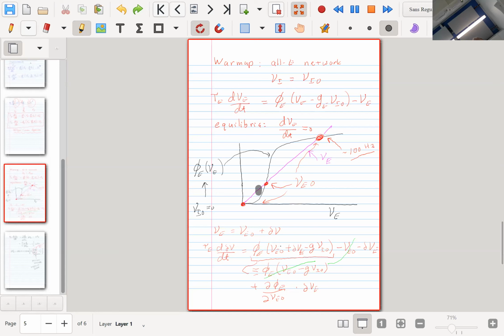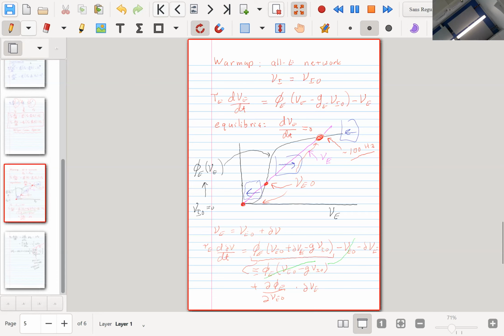Over here, phi E is less than nu E, and now you're pushed to the left. So in this region, you're pushed to the left. In this region, you're pushed to the right. In this region, you're pushed to the left. Okay. So these blue arrows are going to be super important in the more complicated case.